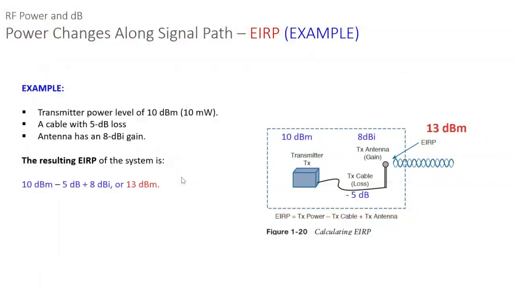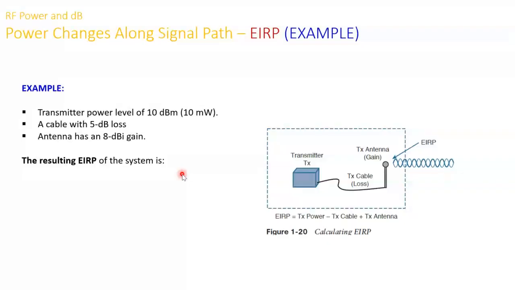So let us take an example. If the transmitter power level is 10 dBm, okay? Transmitter power level is 10 dBm. A cable loss is 5 dB.